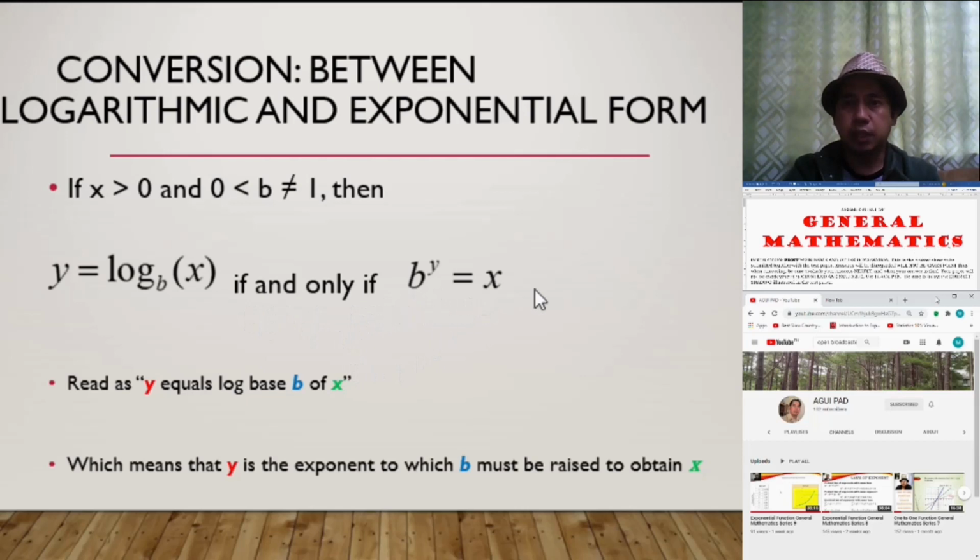This expression is the converted exponential form of the logarithmic statement. It is read as y equals log base b of x, which means that y is the exponent to which b must be raised to obtain the value of x.